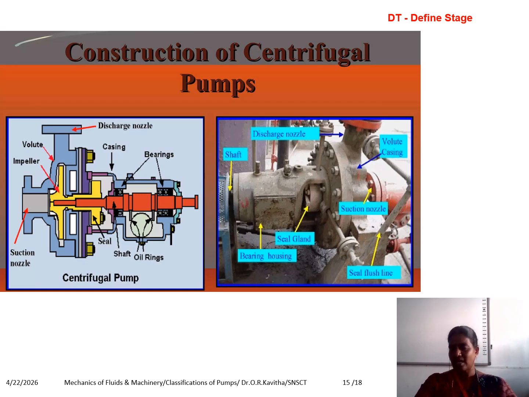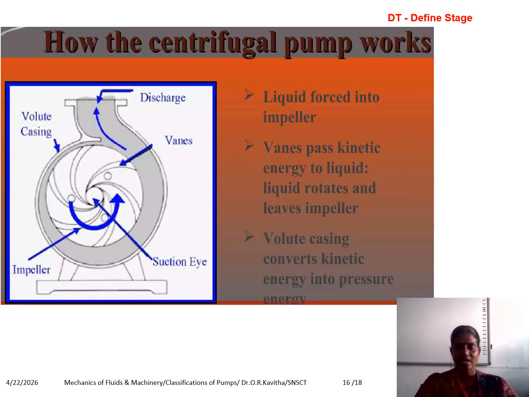So this is the original picture of the centrifugal pump, how it will be. Here the outside casing is closed, there is a shaft, and there will be a discharging nozzle. If I take this sectional view, once the motor is switched on, the vanes will start to rotate.